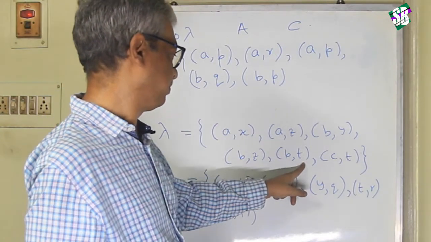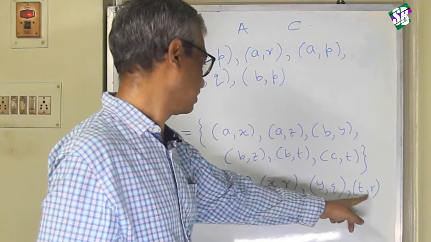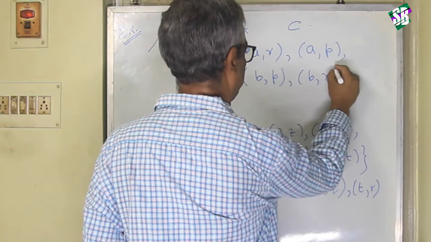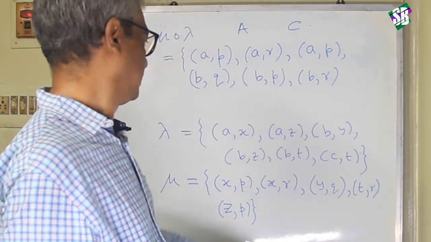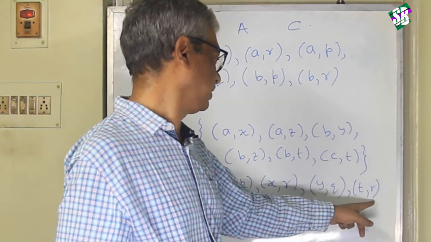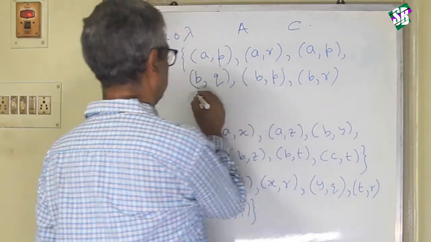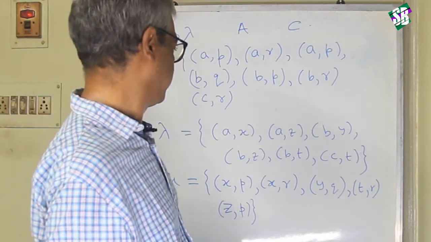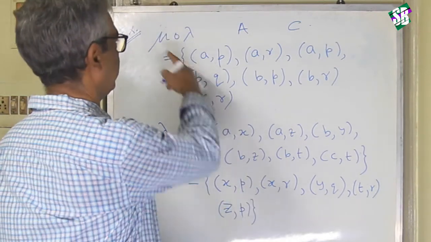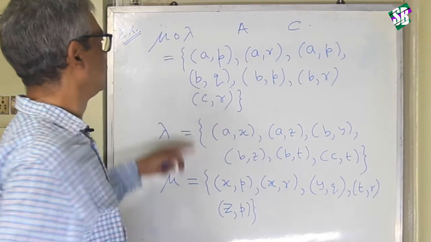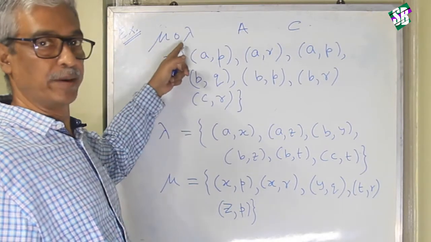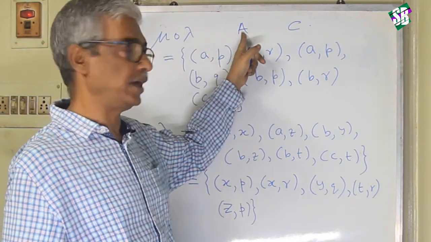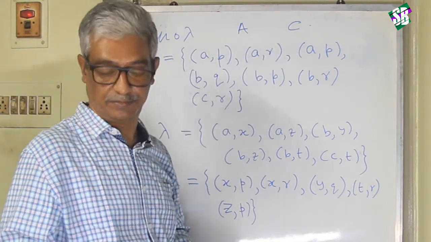Now here you have (b,t) and you have (t,r), so you can write (b,r). Okay, you have (c,t) and you have (t,r), so you can write (c,r). And any more element? No. So this is mu o lambda. So this is the relation mu o lambda, which is defined from the set A into the set C.